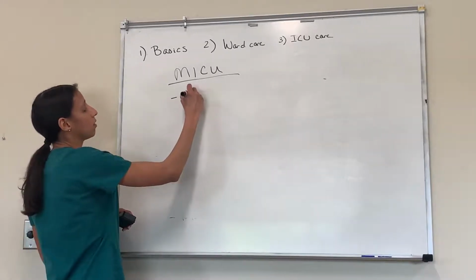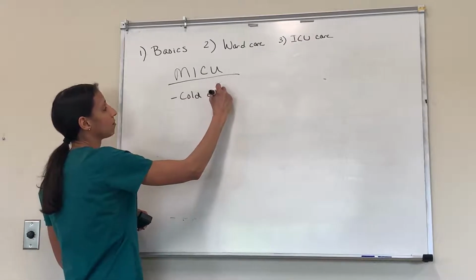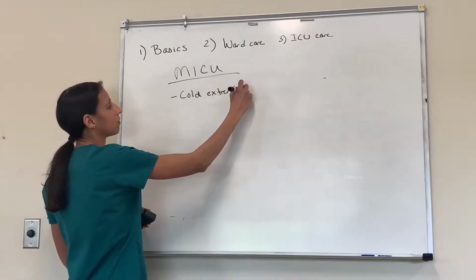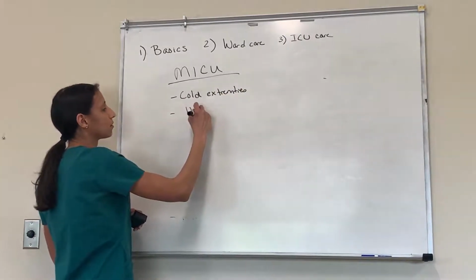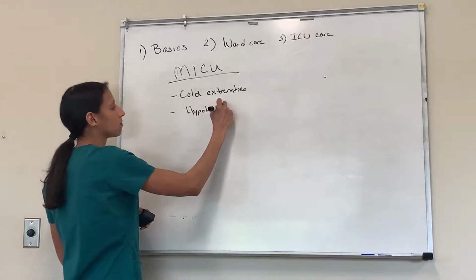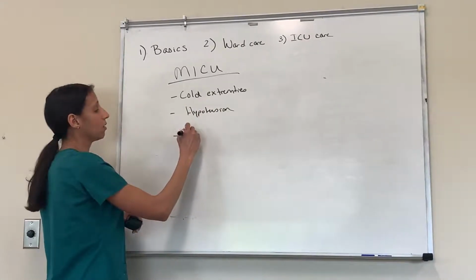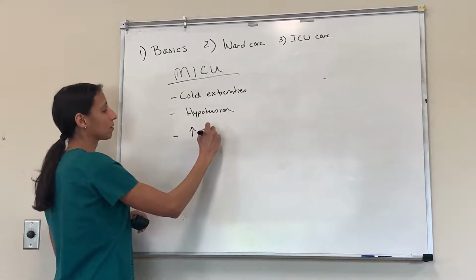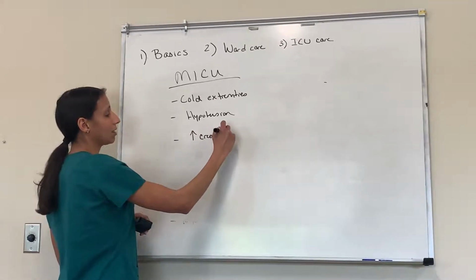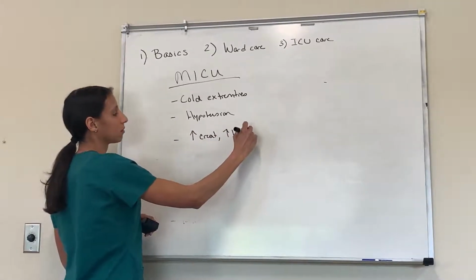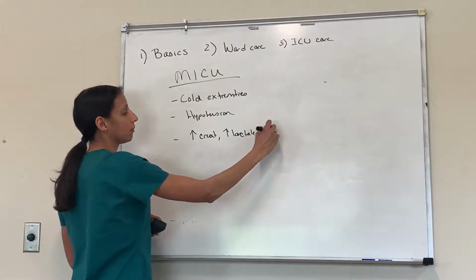So either cold extremities, hypotension, worsening labs, so their creatinine is going up, their lactate is going up, and their bilirubin is going up, T-billy.